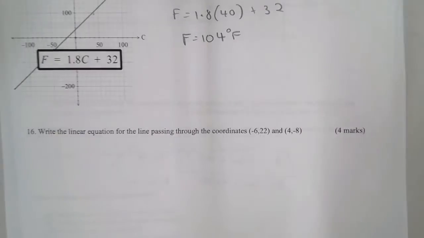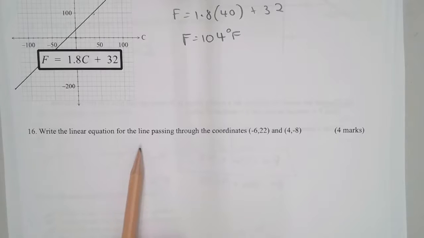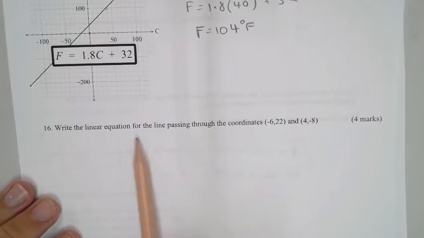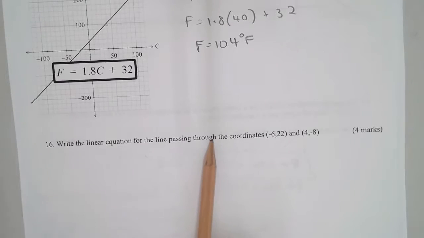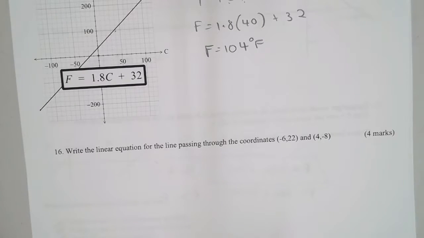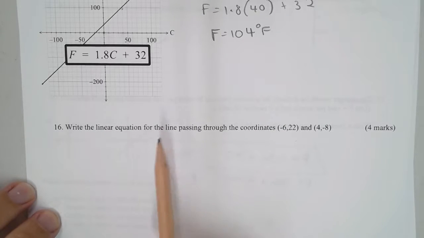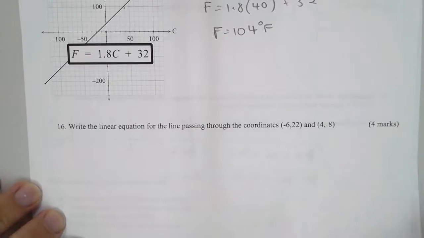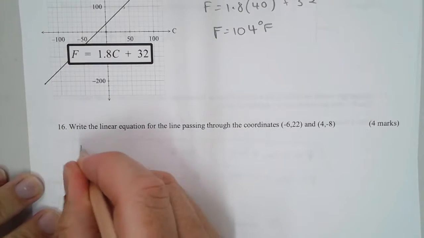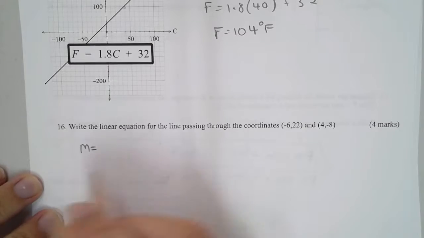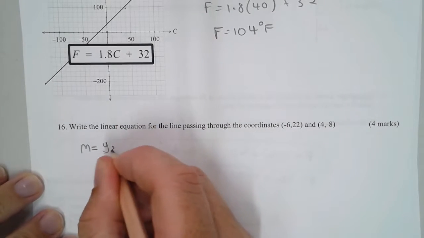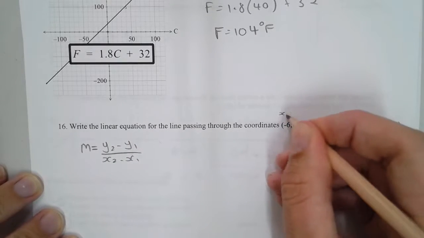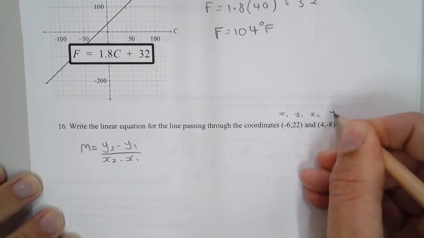Number 16. Write the linear equation for the line passing through the coordinates minus 6, 22 and 4, negative 8. Now to find the equation, you need the gradient first. You could do rise over run and sort of graph it, but I'm going to use y2 minus y1 over x2 minus x1, because that's our first x, first y, that's our second x and second y.